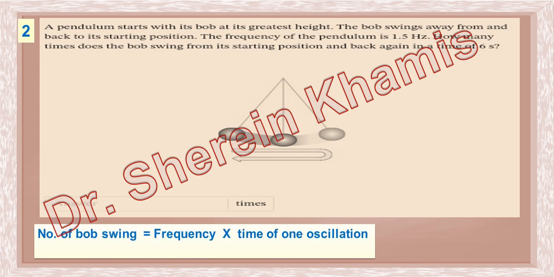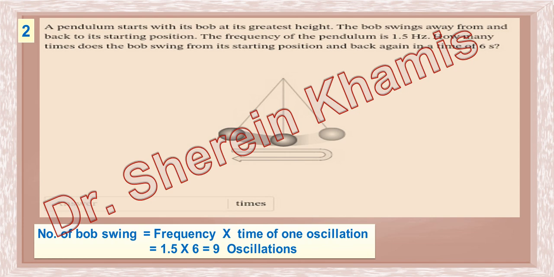The number of bob swings equals the frequency times the time. So here we have the frequency 1.5 times the time, so we get 9 oscillations.